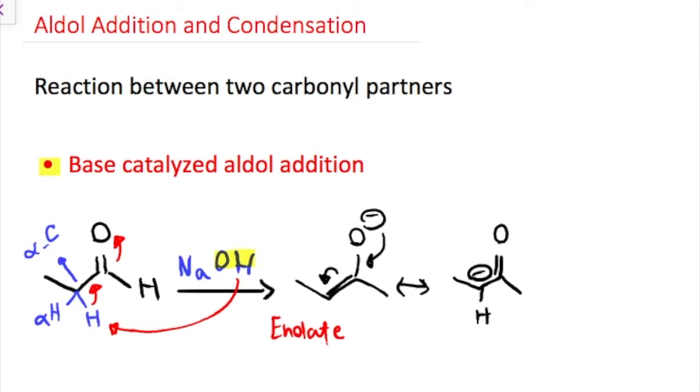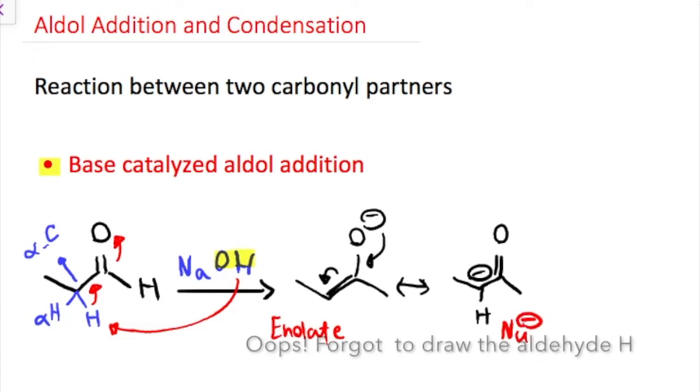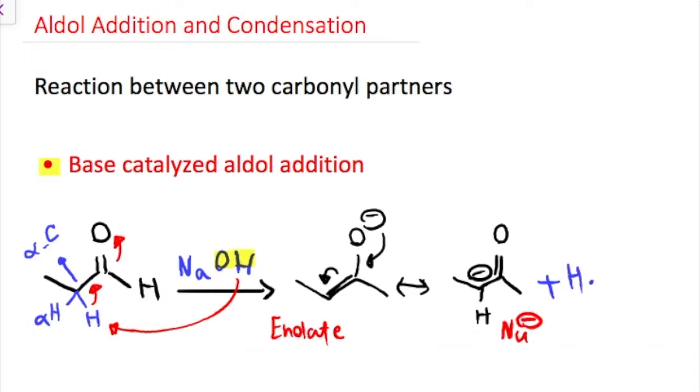Like this. And in this form, this is actually a nucleophile, and this is what's going to be involved in the aldol addition and condensation. Now we also generate water as a byproduct because OH plus hydrogen gives us the water.